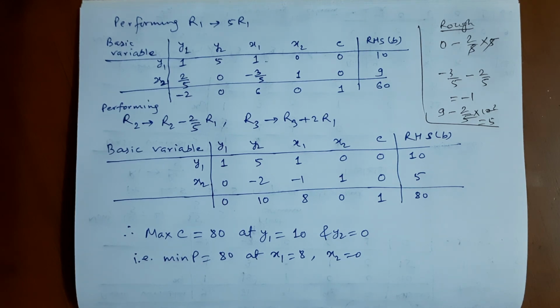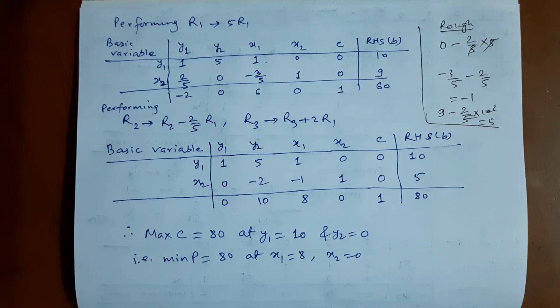Making a minimization problem into a maximization problem is called the dual problem. The process is the same as before, and in this way both maximization and minimization problems can be solved using the simplex method.